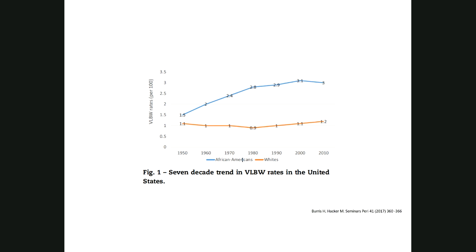We know that short gestation or prematurity is linked with low birth weight, and particularly with very low birth weight infants, that is those infants less than 1,500 grams. Importantly, low birth weight is a strong determinant of first-year mortality and contributes to racial disparity in the infant mortality rates.